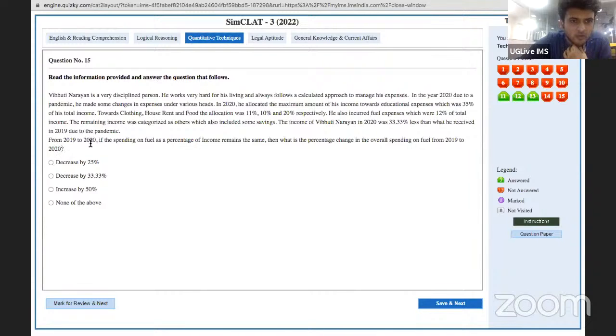From 2019 to 2020, spending on fuel as a percentage of income remains the same.